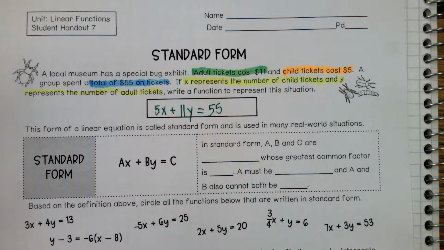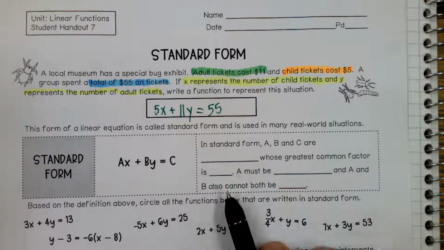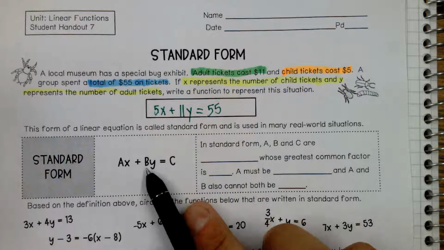We can rewrite this with a little algebra help and create something in another format. But basically, a standard form equation looks like this: ax plus by equals c. We have certain restrictions for the quantities a, b, and c.